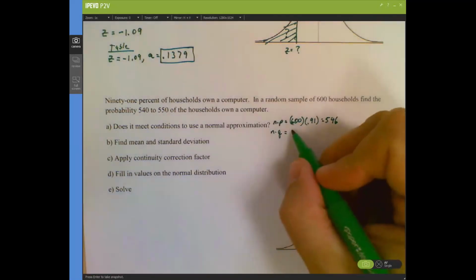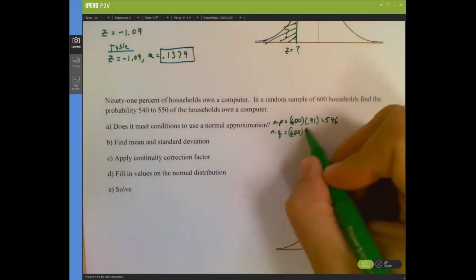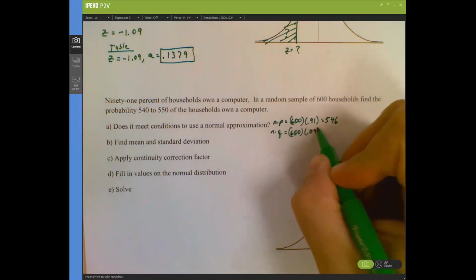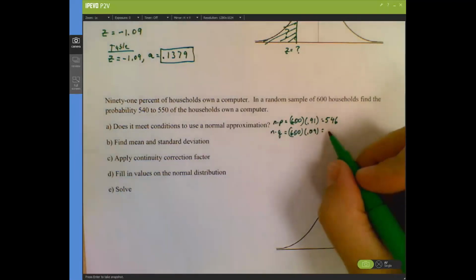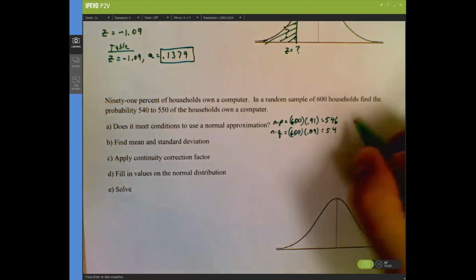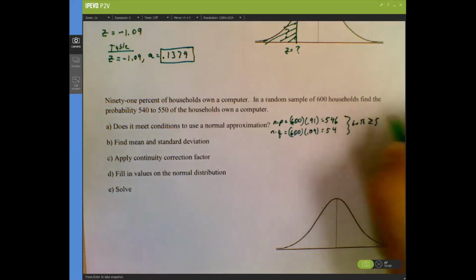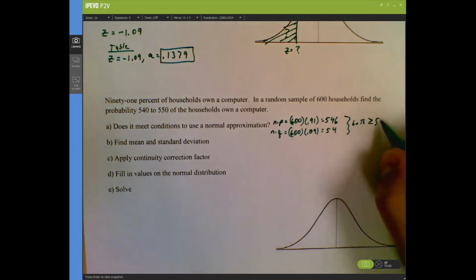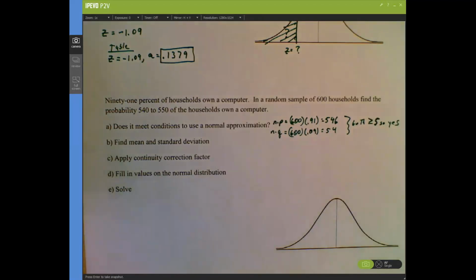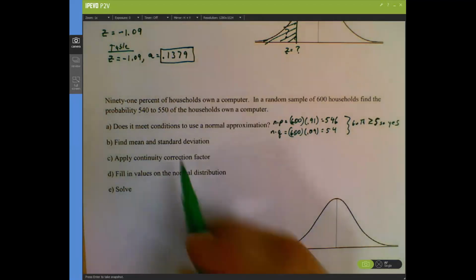All right, N times Q is 600 times 0.09, which is 54. Both greater than or equal to 5. So yes, it does meet the conditions.